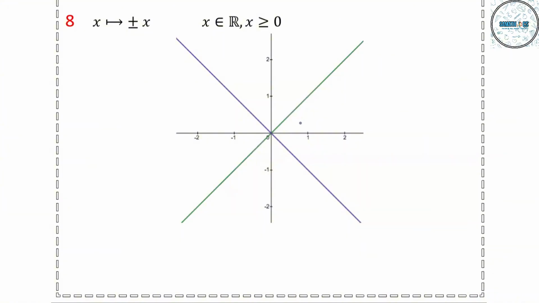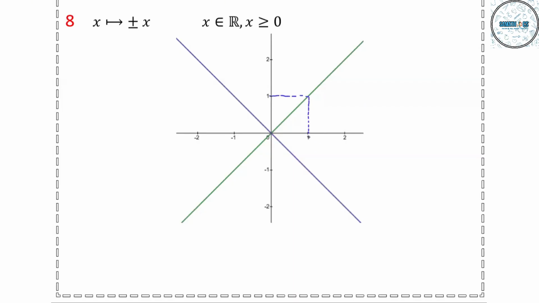If we consider any point here, then it is mapped here.